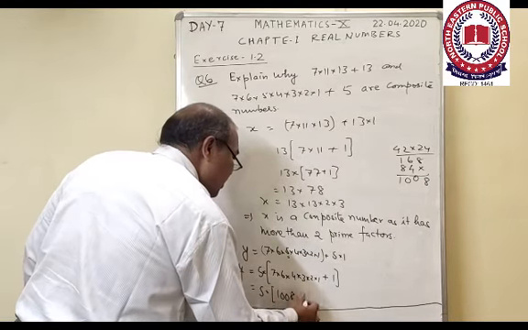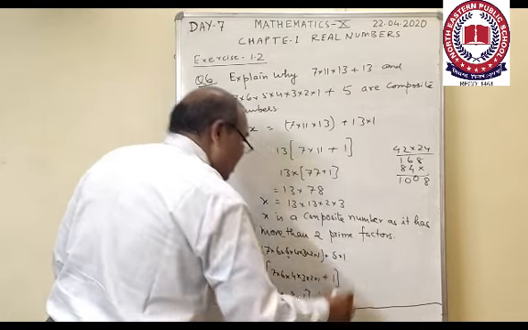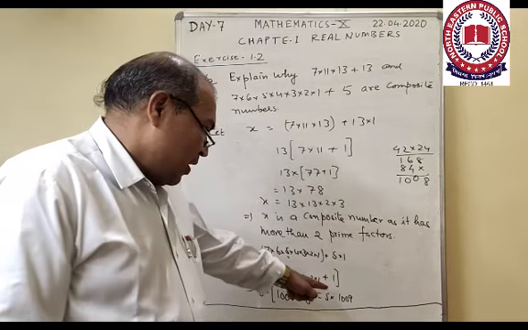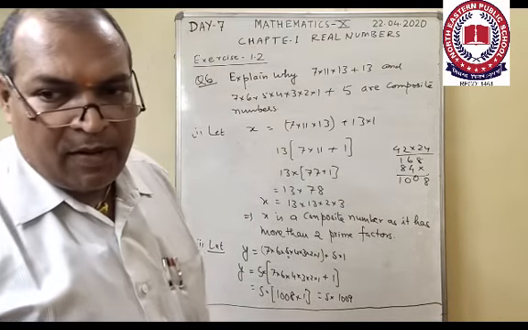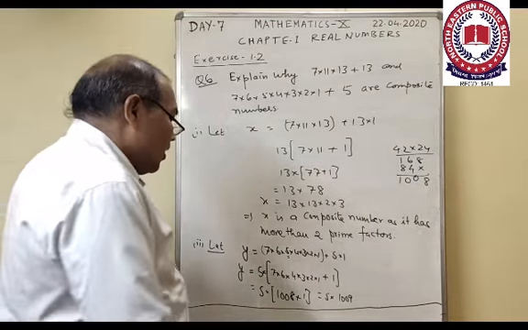Plus 1 is extra here, so that is 5 into 1009. As 5 is a prime factor, 1009 is also a prime number, so we get here 2 prime factors of this number.